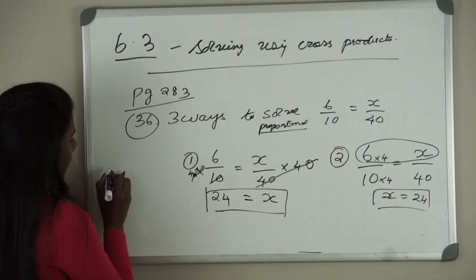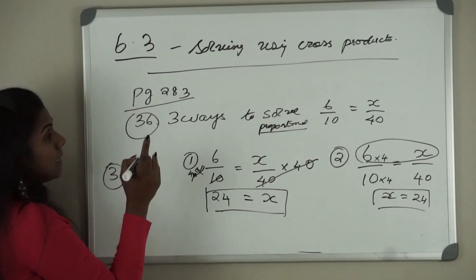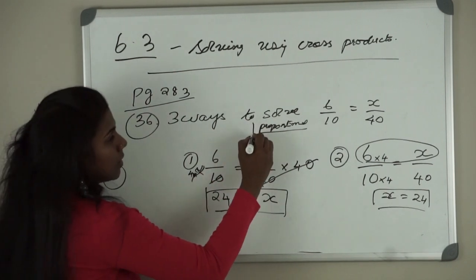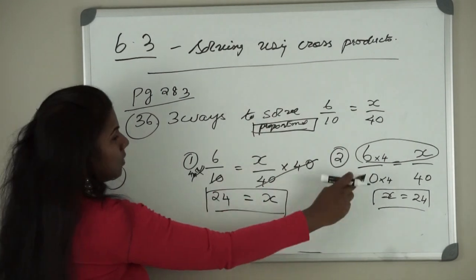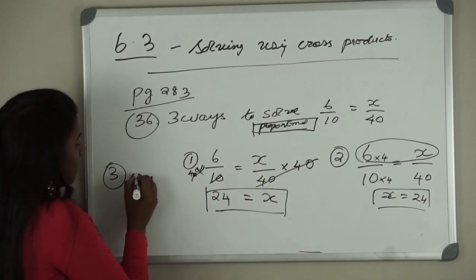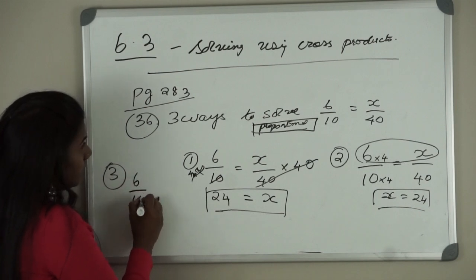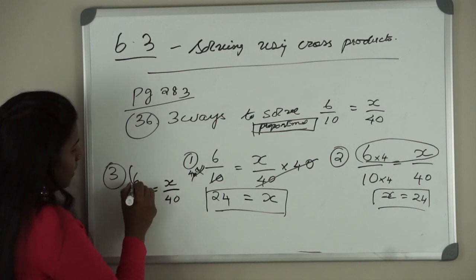What's the third method? The third method is using cross products. Since this is proportional, and only because it is proportional. If it is not proportional, you cannot do the cross products. Remember that. So 6 over 10 is equal to x over 40.